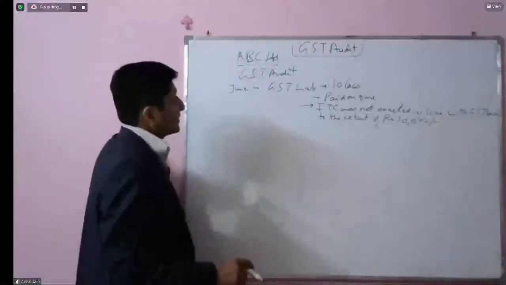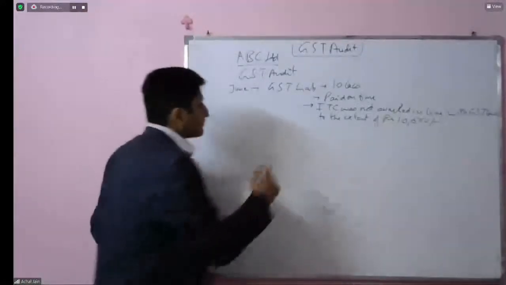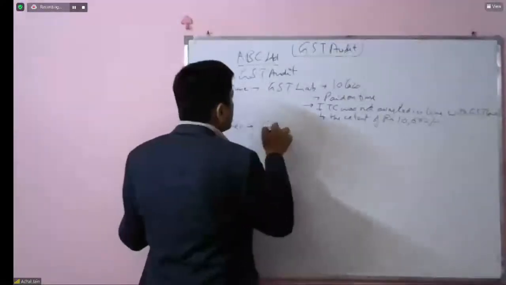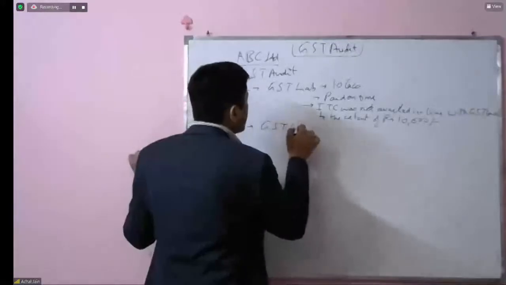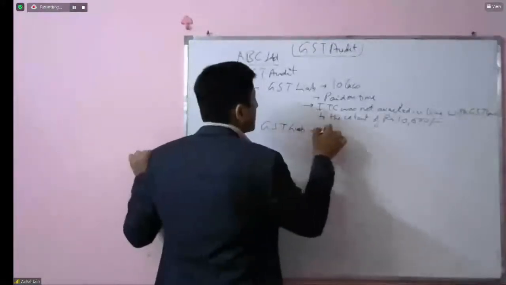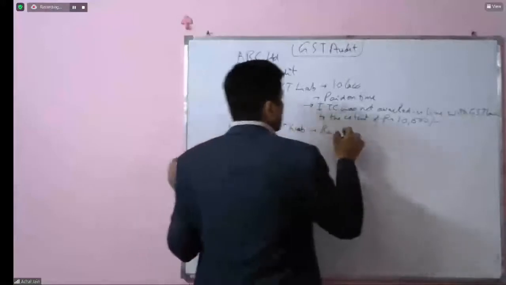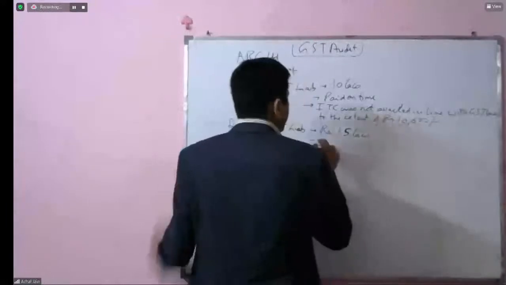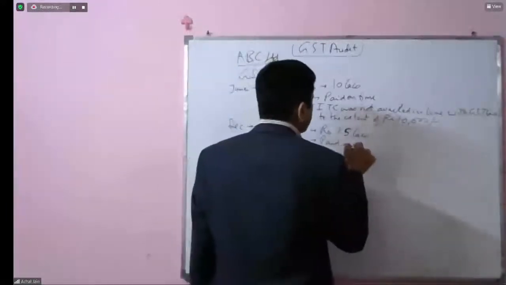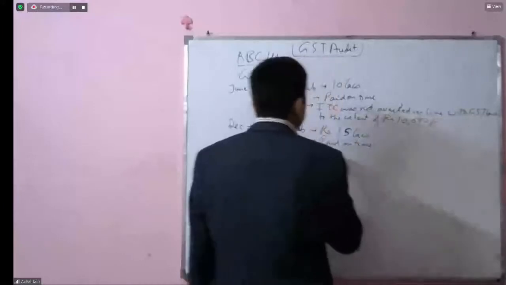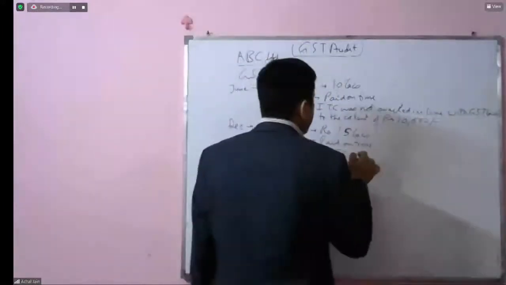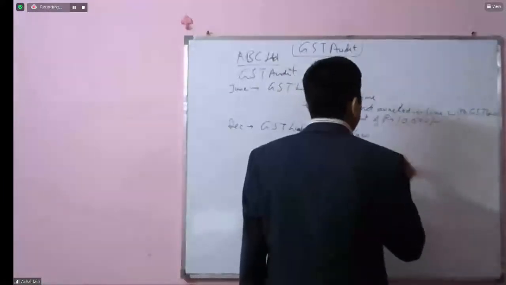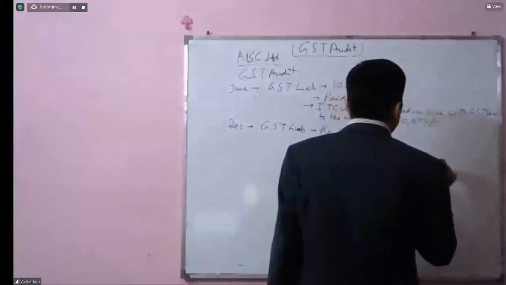Now moving further on to next month, say in December, there was a GST liability, say of rupees 15 lakhs, which was again paid on time, and wherein input tax credit amounting to rupees 20,000 was not availed.